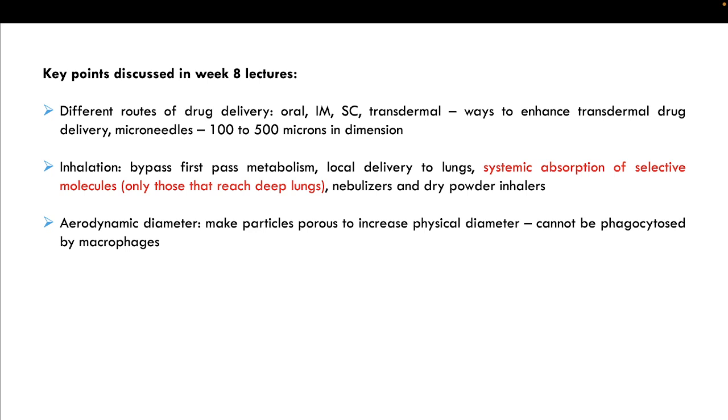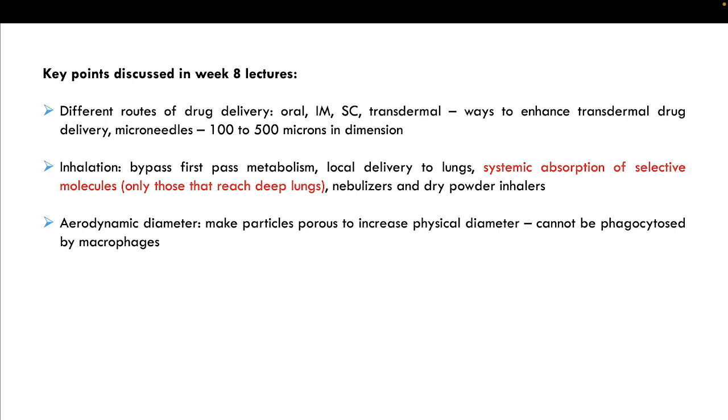So you imagine a sphere which has about the same settling velocity as your particle, and it has a density of about 1000 kg per meter cube, and then the diameter of that particular particle is known as aerodynamic diameter. So now what you can do, you want your particle to be of 1 to 5 micron diameter. So this diameter is nothing but aerodynamic diameter. The physical diameter of this particle can be different. That is what we are getting at here.